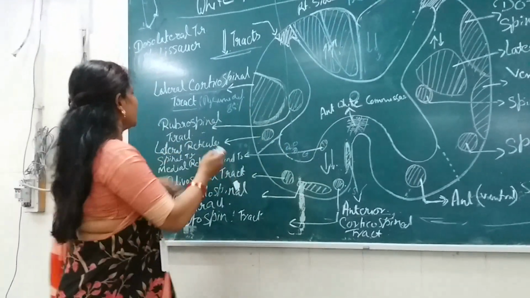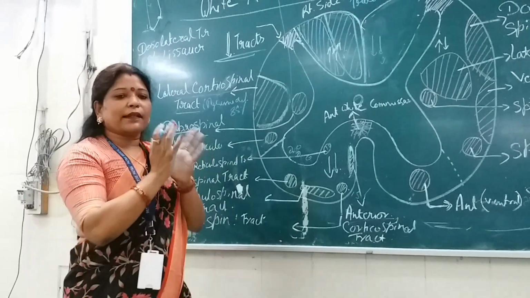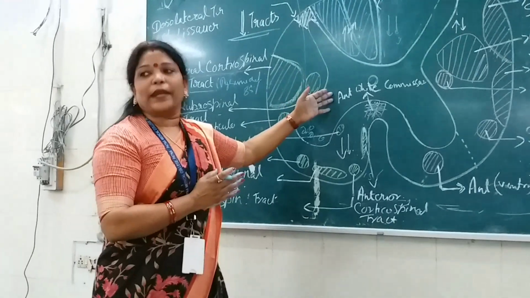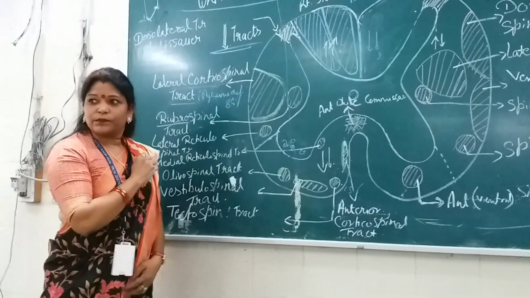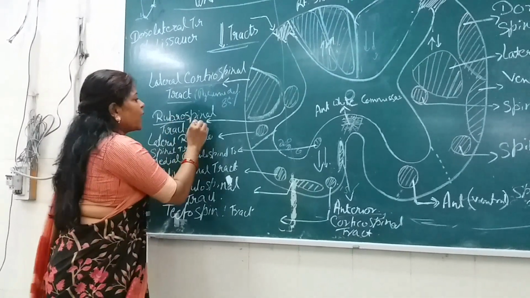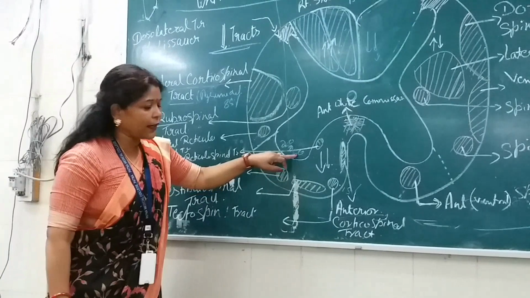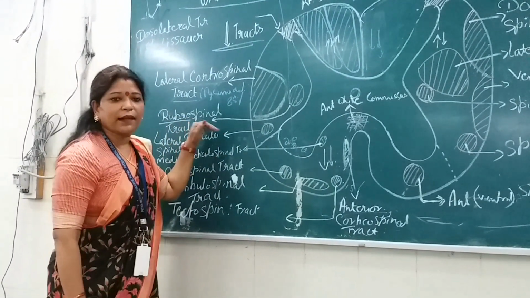That's why here the nomenclature is rubro. This is a collection of the gray matter in the midbrain, which is known as the red nucleus. From there the fibers come and terminate in the spinal cord anterior gray horn. That's why this is known as the rubrospinal tract.